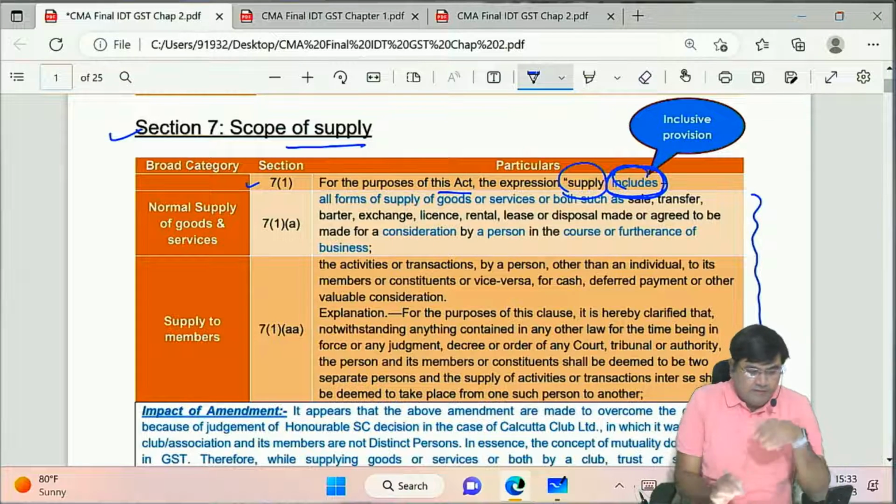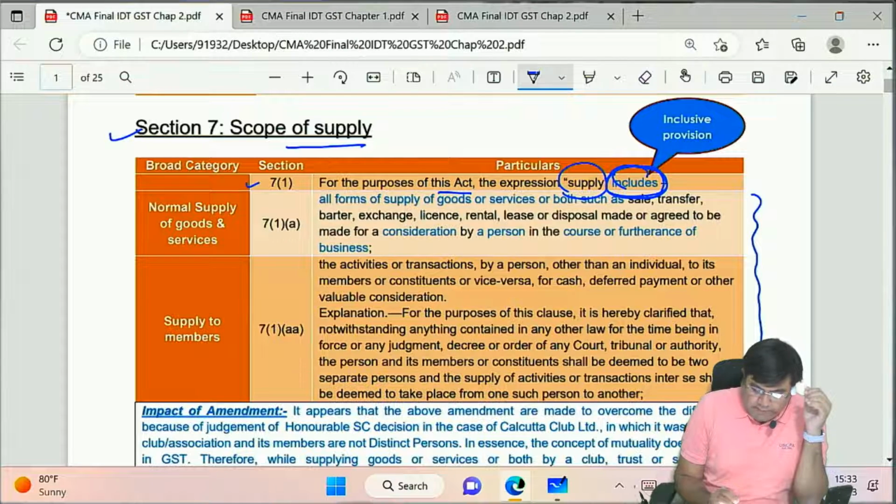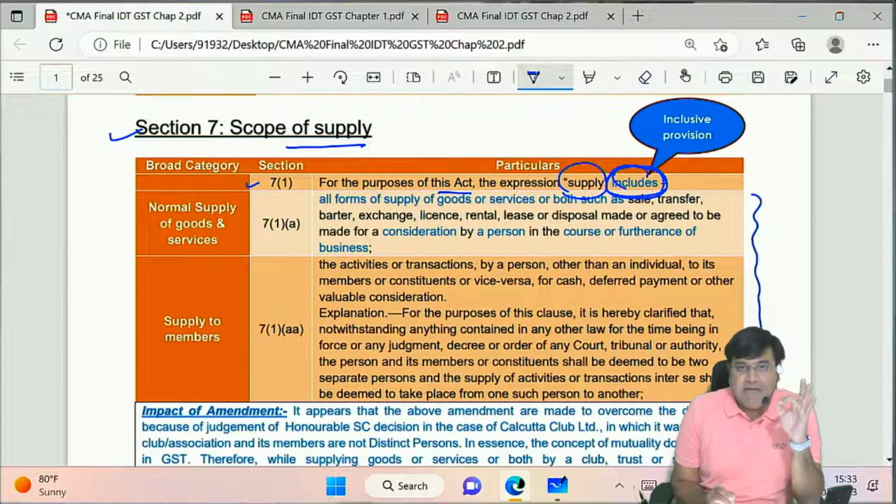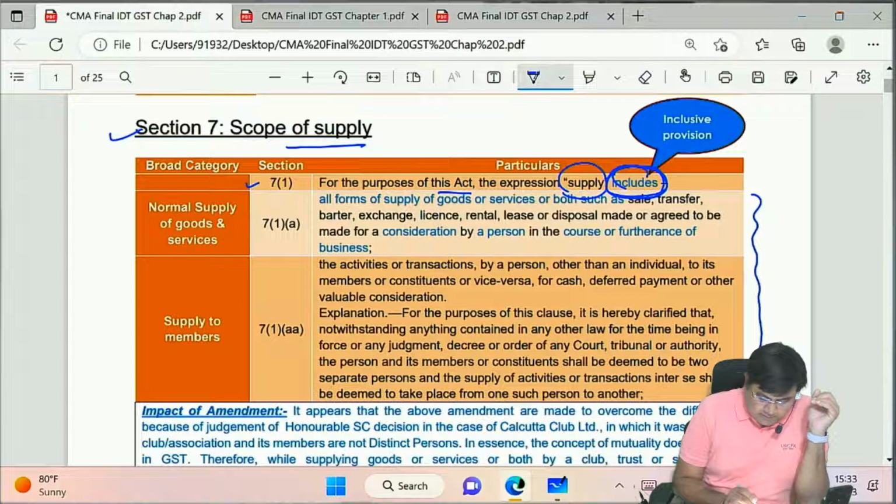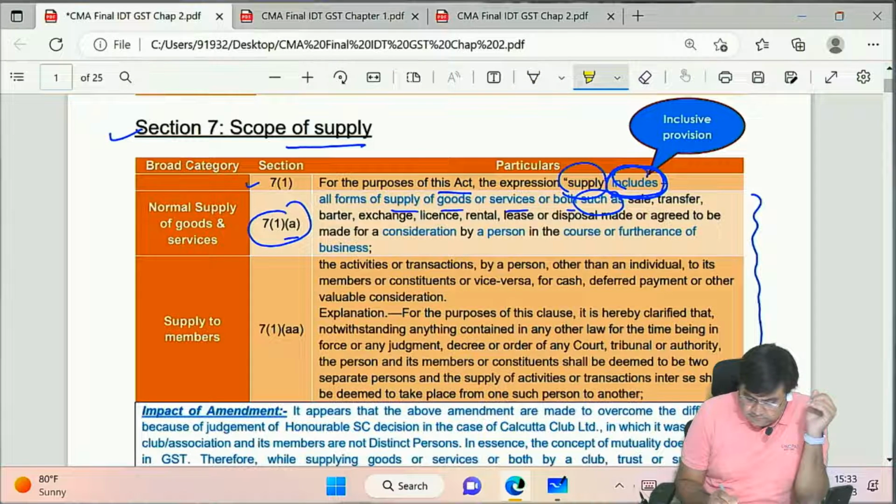So section 7 subsection 1, for the purpose of this Act, the expression supply includes: section 7 subsection 1 clause A, all forms of supply of goods or services or both, such as, now see here, the legislator has used the term such as.